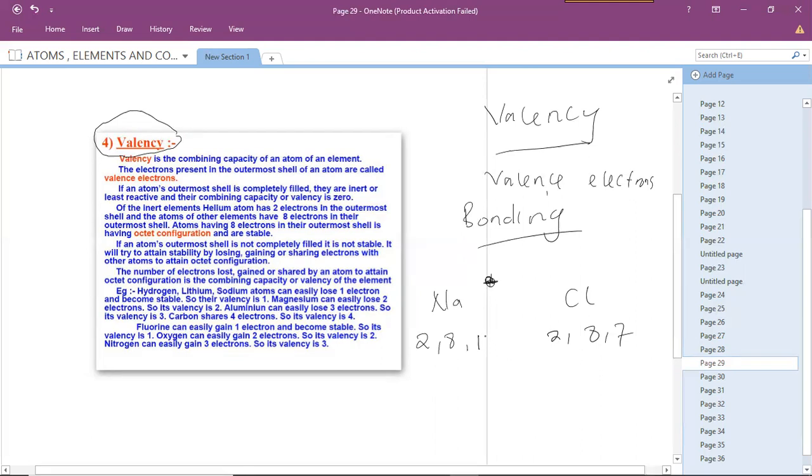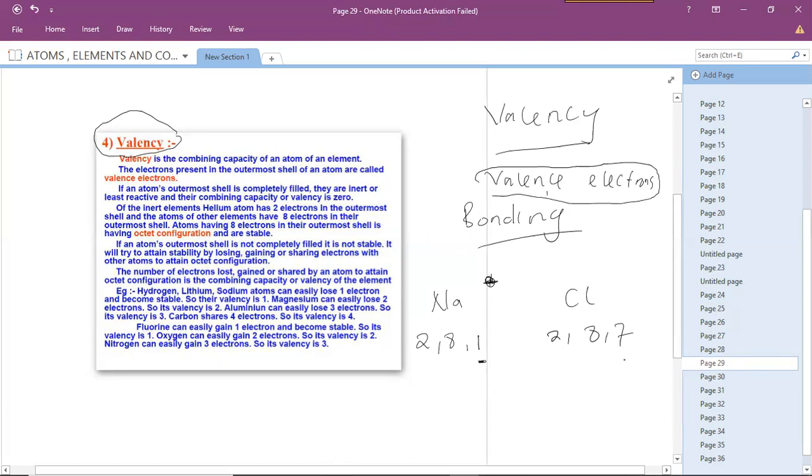Sodium has 1 electron in its outermost shell, meaning the valence electrons for sodium is 1.